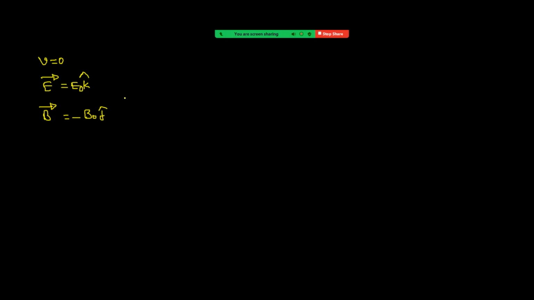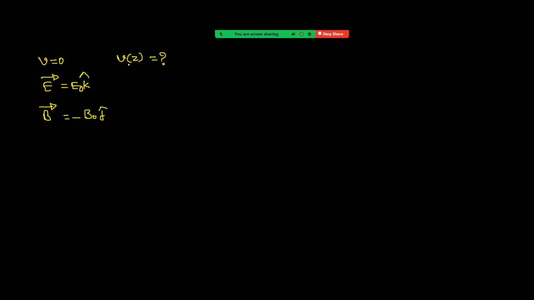So we have to find velocity as a function of z coordinate. See how to start the problem. Initially velocity was 0. Finally we have to find what is the speed, right?